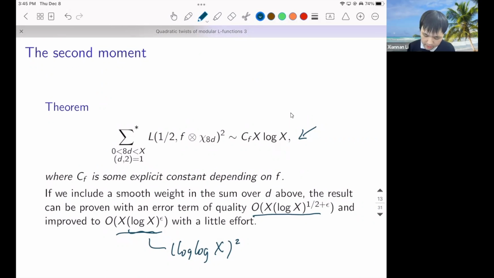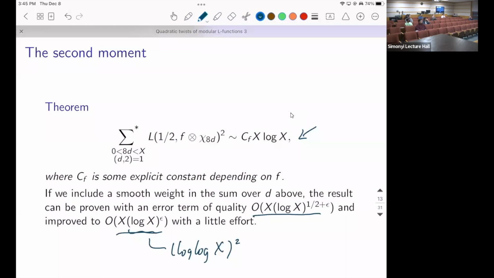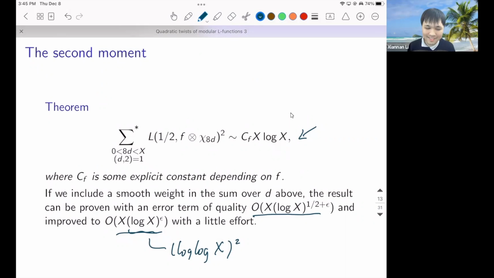But I think if one is clever enough and willing to go through some tricks, one might be able to get the x order term, but then the error term would just be x over a power of log x. Of course, I asked because of proving non-vanishing on a positive proportion. Yes, absolutely. In fact, on the very last slide, I mentioned this as well. It would be highly interesting to save a power here. Yes.